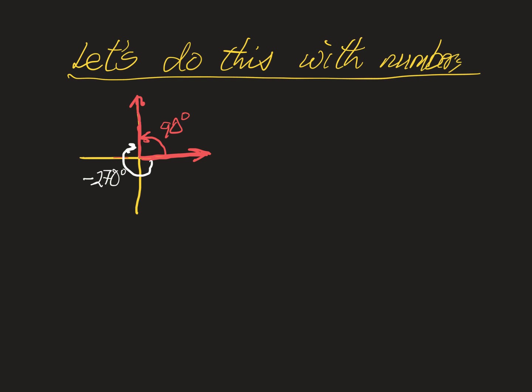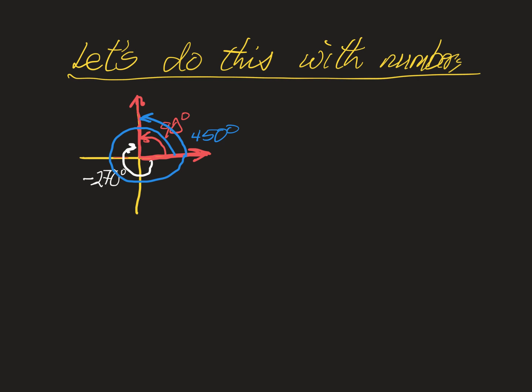Okay? So what would be another angle that's coterminal to 90? Well, in that case, I play the game of doing more than one rotation. So what's one rotation? It's 360 degrees, and then I add 90 to that, so that is 450 degrees.